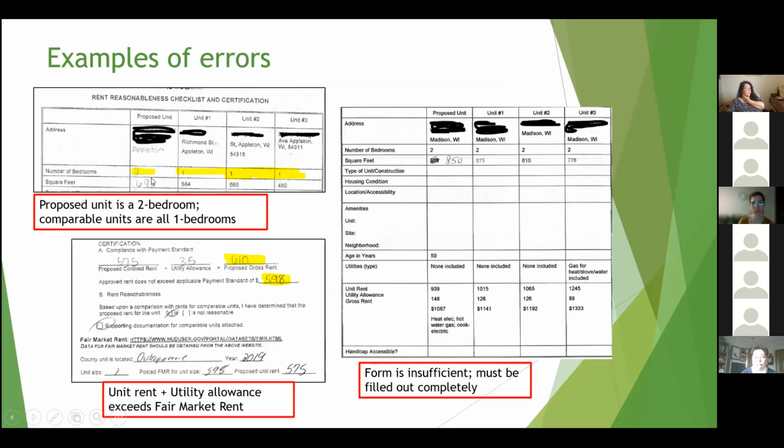With this example, where it's the 2-bedroom versus the 1, maybe this 2-bedroom was more comparable to the 1-bedroom, or they couldn't find any other 2-bedrooms. Then just note that on the form, because if I see this just like this, that's an error. But if I see this and there's a note saying no other 2-bedrooms were in the area, then that's going to be okay, because you explained the discrepancy.